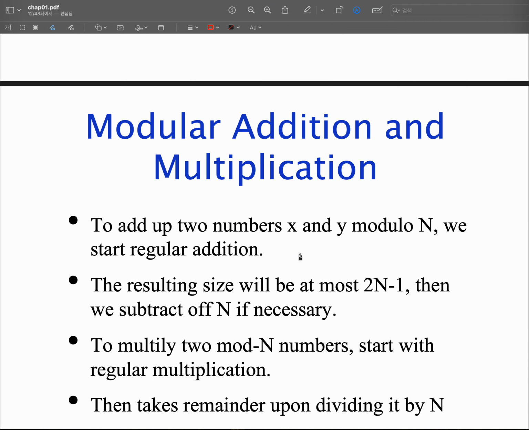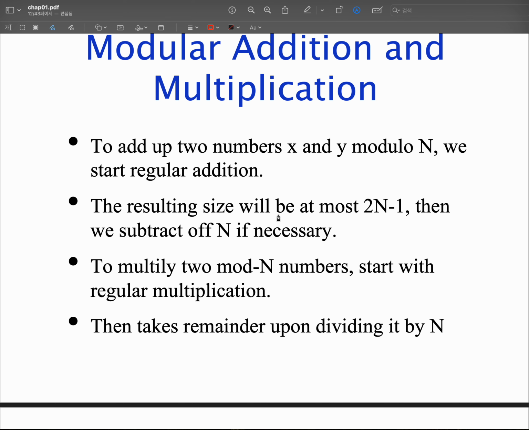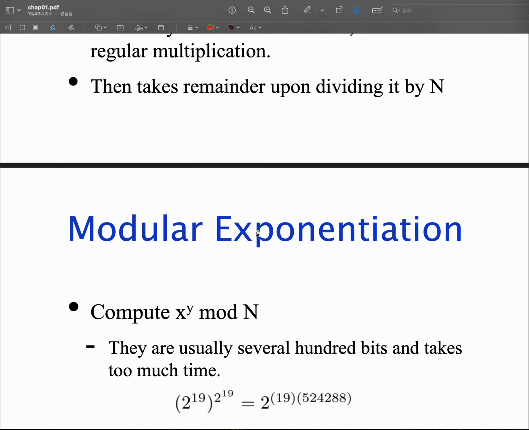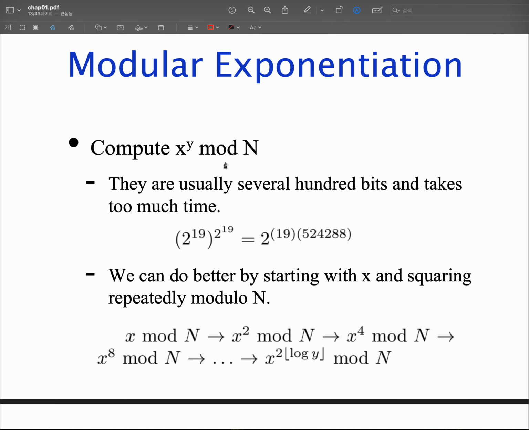So that is how to add and multiply in a modulo operation. Typically, a modulo operation uses division and its remainder. So this method will be fine for addition and multiplication of a modulo operation here. Okay, and then the question is how to compute this guy and that guy.